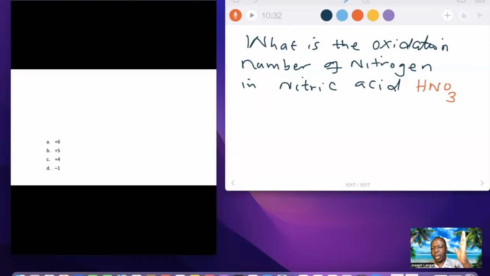And then the middle element is always assigned X. So in other words, hydrogen equals +1, nitrogen equals X, we don't know, and oxygen equals -2.